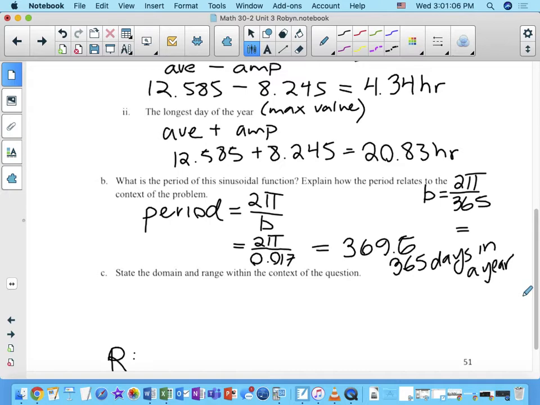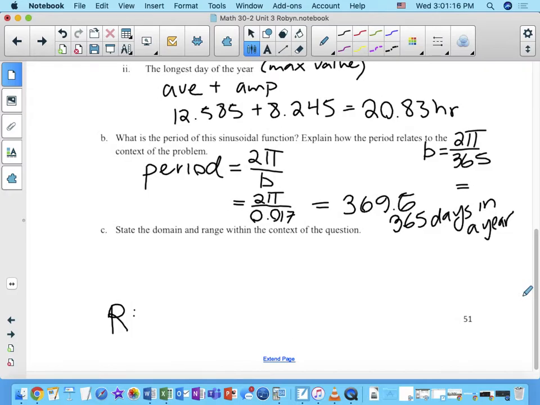Yeah, it's this one. So it's anywhere from 4.34 hours all the way up to 20.83 hours. That's our range, because Y represents hours of sunlight. So 4.34 is less than or equal to Y, less than or equal to 20.83.